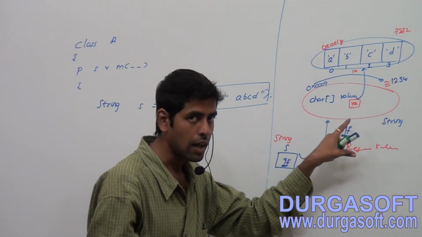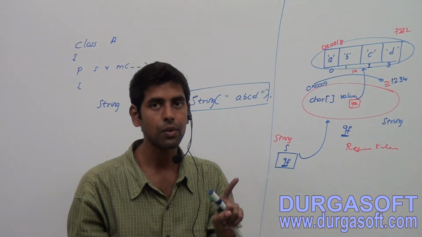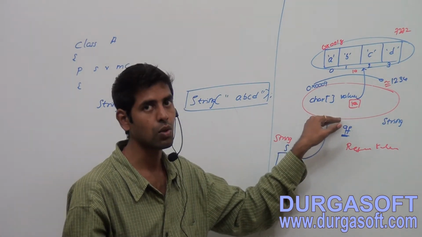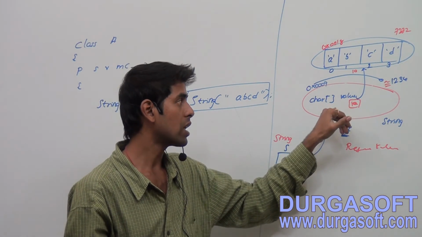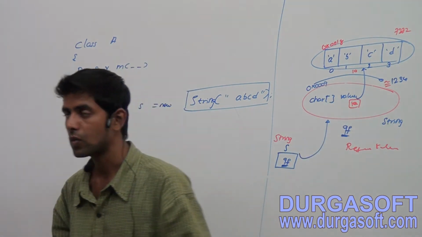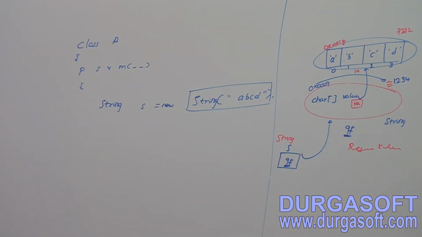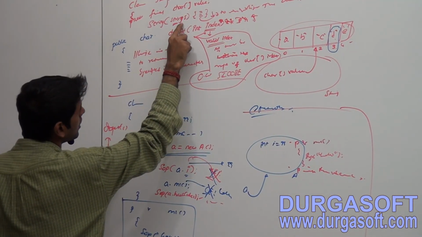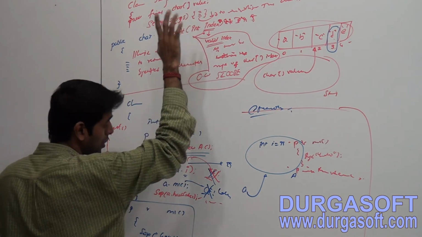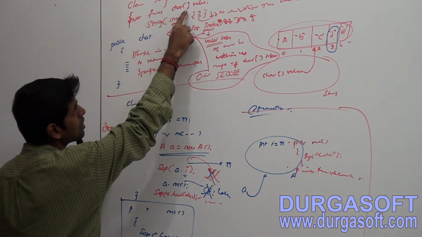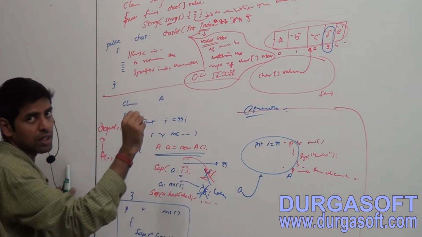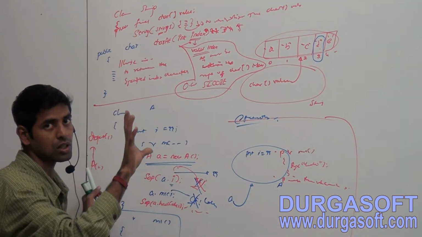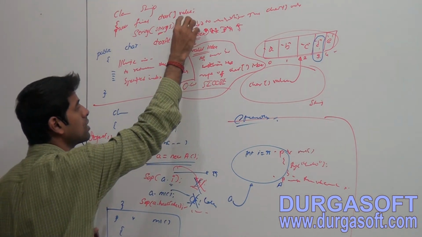Even arrays are also objects, we have discussed that. So who will create this array? The String class constructor having a String type argument will create that array. Here it is just a declaration, right? It will create that array within this block, because that logic is available within this block.